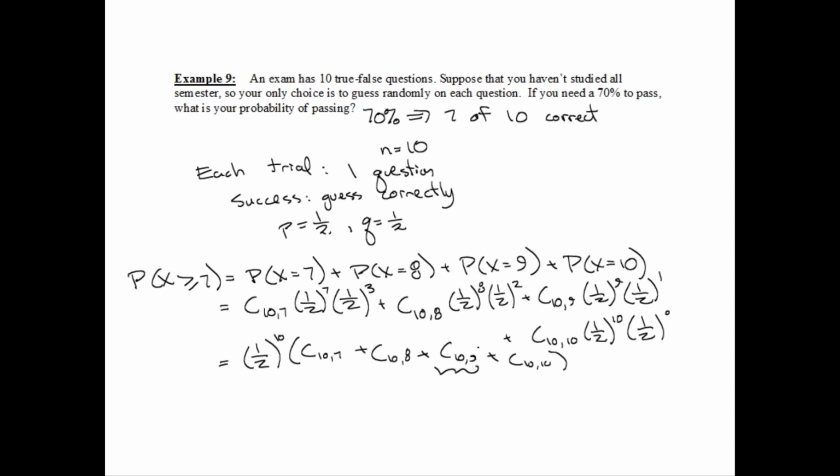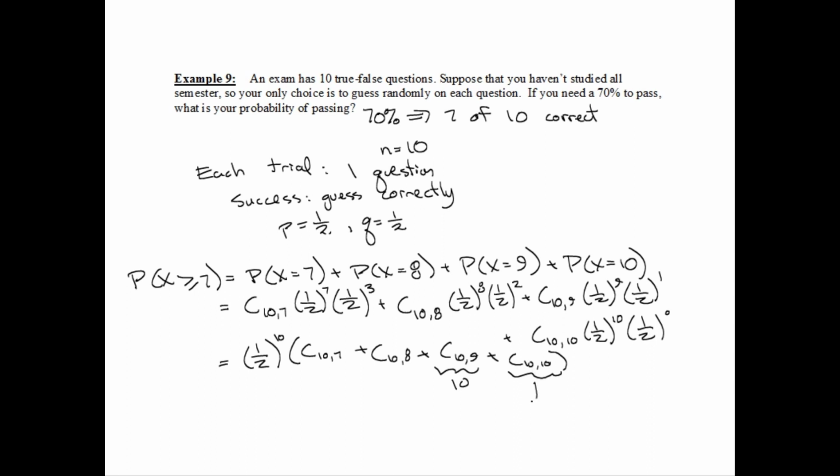Combination 10, 9 will be what? How many ways can I choose 9 out of the 10 to be successful? Well, every time I choose 9 to be successful, that means I'm choosing 1 to be left over. How many ways are there to choose the 1 left over? 10. How many ways are there to choose all 10 out of a group of 10? 1.